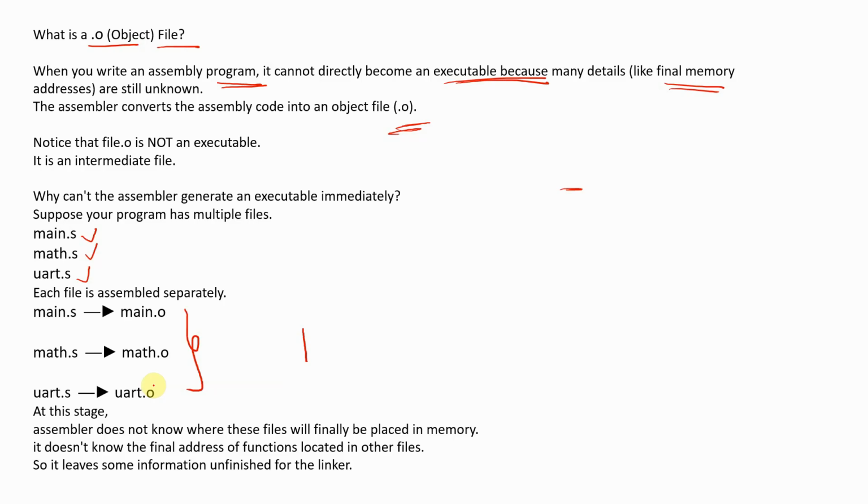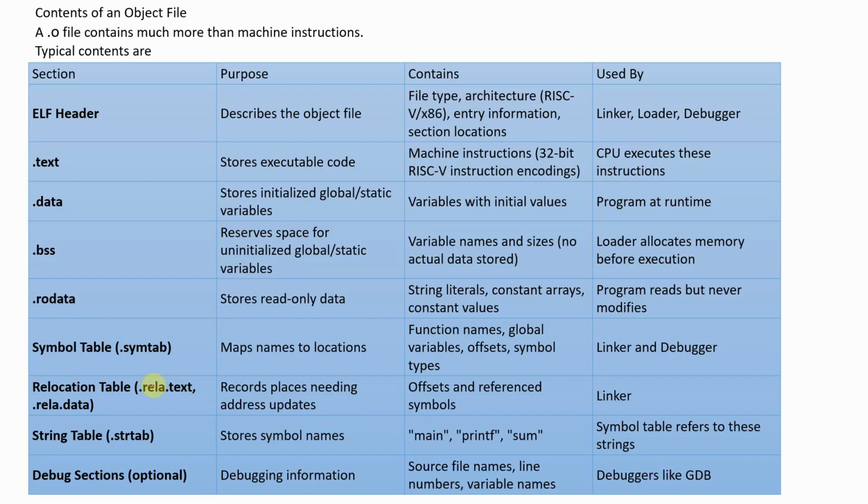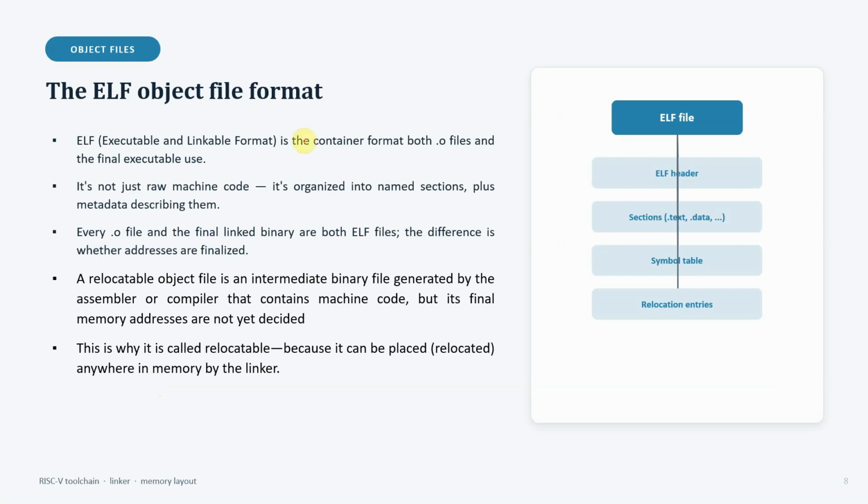Now this .o file is going to have some kind of structure, which is nothing but the ELF object file format. So if an object file has been generated by the assembler, it is going to have a file format, which is the ELF file format. ELF, which stands for Executable and Linkable Format, is the container format for both .o files and final executables.